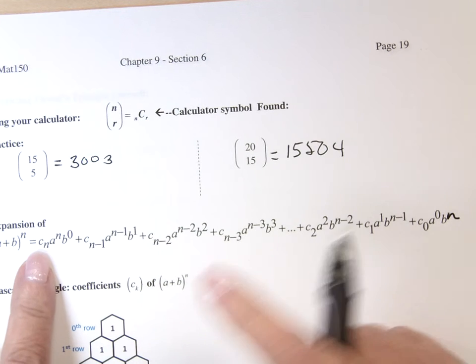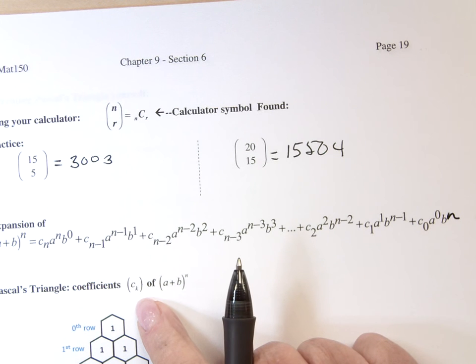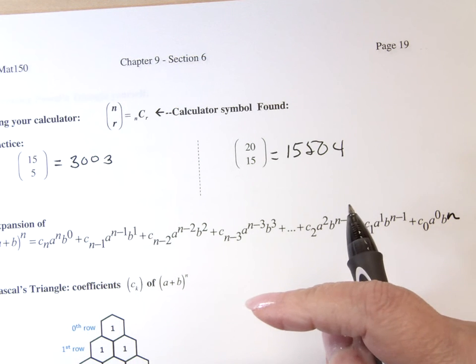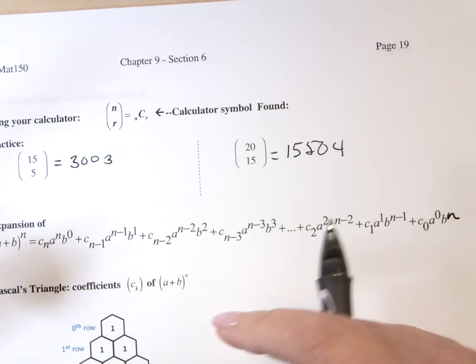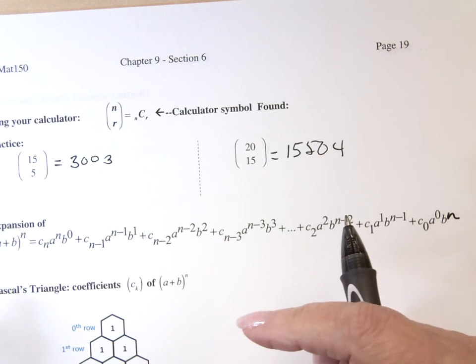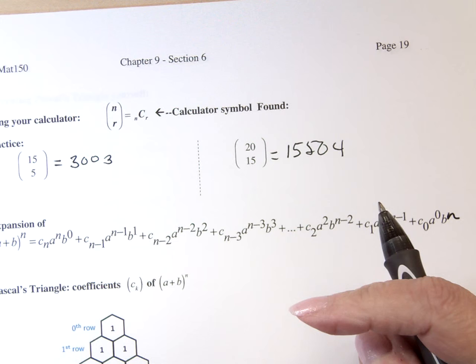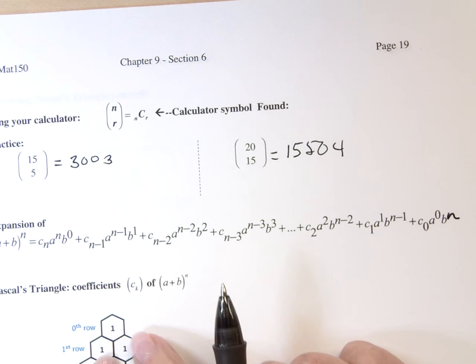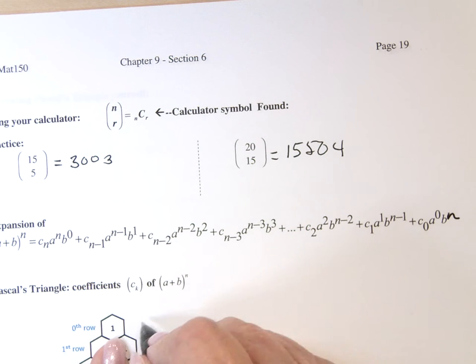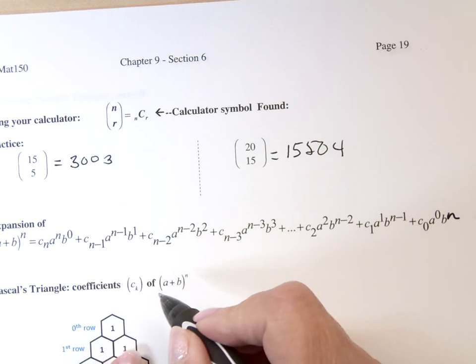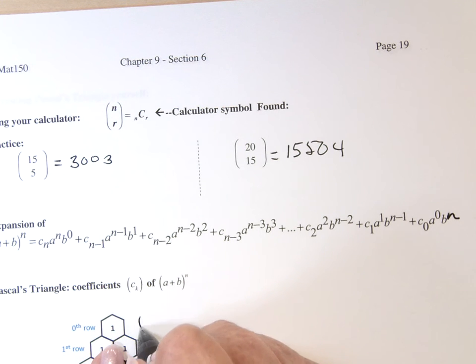What these c's, these c sub k's, are the coefficients. It can be gotten in one of two ways. One is Pascal's triangle. And so if I take a look at the coefficients, what would the coefficient be? This would be the same thing as the coefficients of (a plus b) to the 0 power.